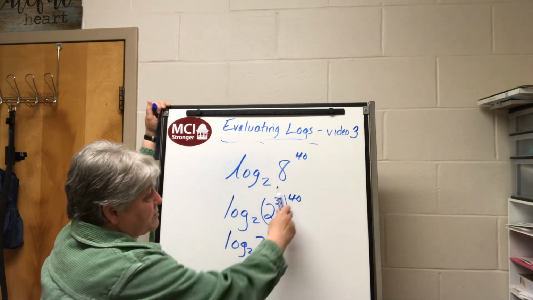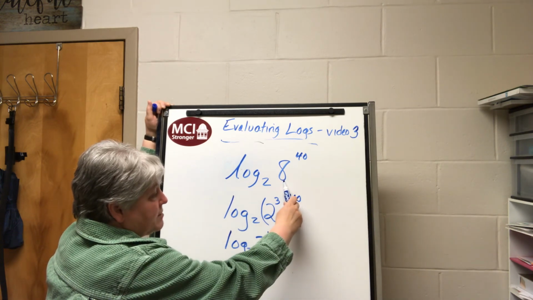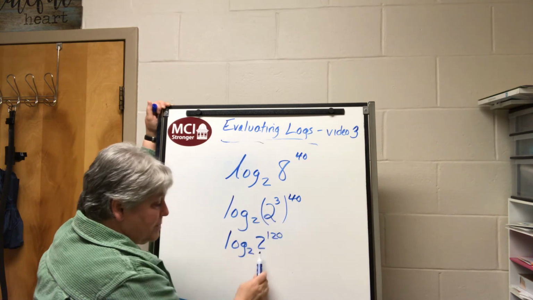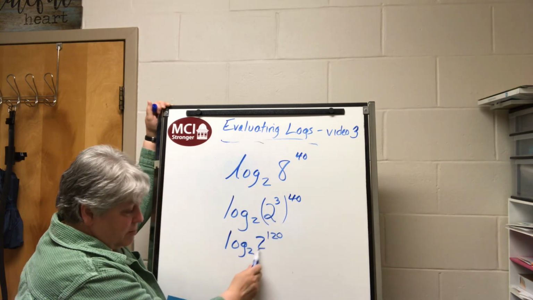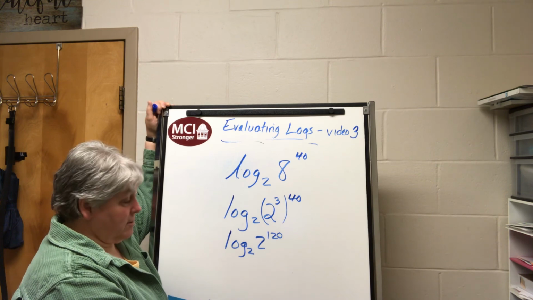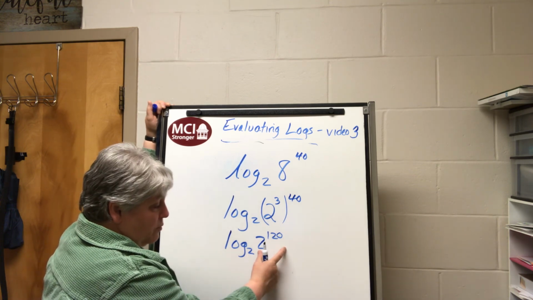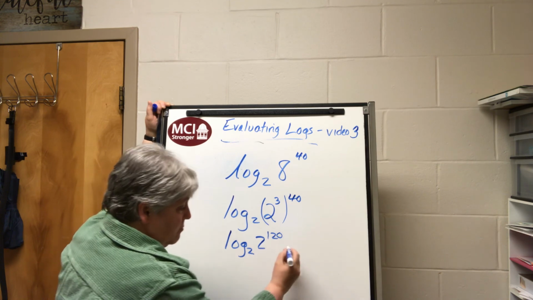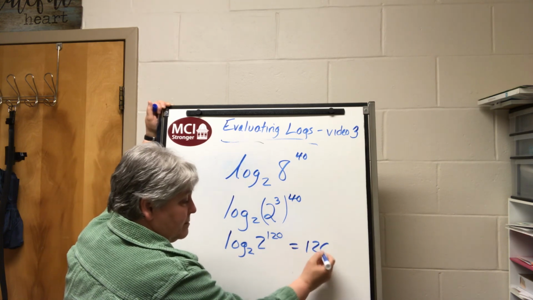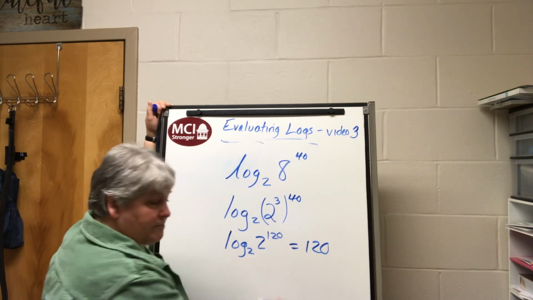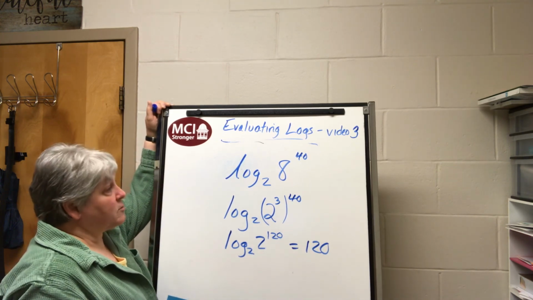So long as there is an easy enough way to rewrite this using that base right there to some power, you will be able to maneuver it until these do match. Now I can say, what power do I raise 2 to get 2 to the 120? Well, 120. 2 to this power gives me this. I hope this has been enlightening.